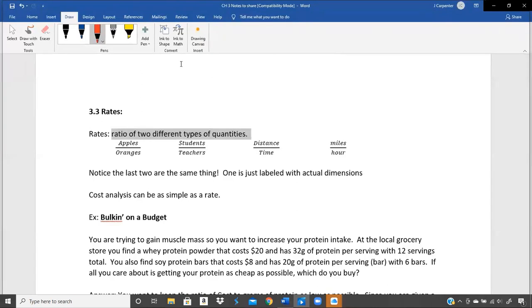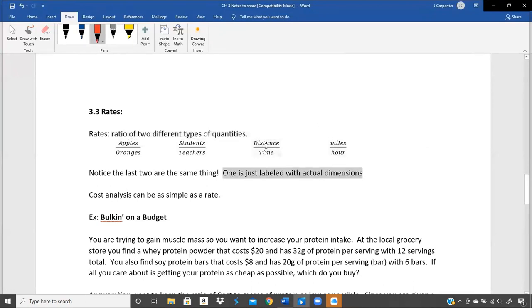So when we talk about rates in the classroom, we're going to talk about them being different units, comparing apples to oranges, comparing students to teachers, comparing distance to time, comparing miles to hours, comparing feet to seconds, comparing kilometers to days. And all of those last 3 or 4 that I said are actually the same thing. It's just that one I labeled with actual dimensions and the other I labeled with their literal quantities.